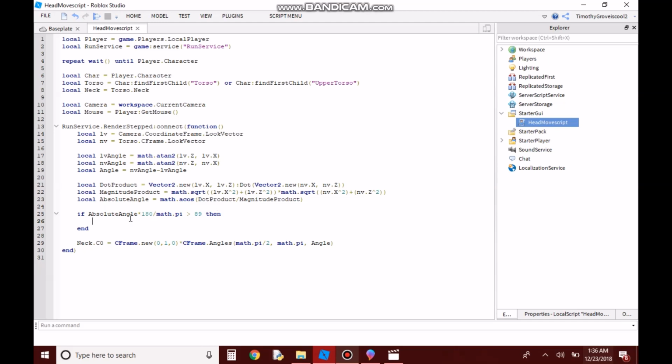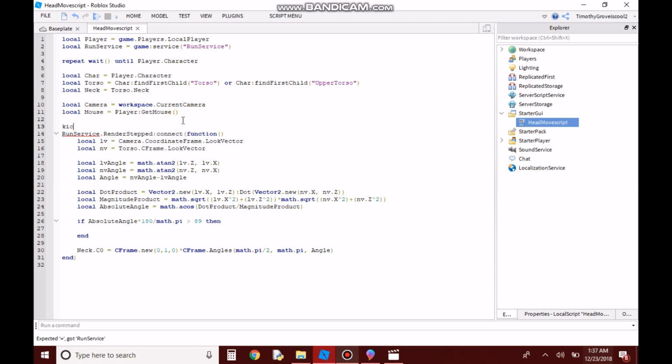So what we want to do now is make another variable right here, and so if the absolute angle is greater than 89, then the angle will equal the last angle, and the last angle, we're going to script it so that the last angle will always be the angle that was before the angle that's being scripted during this event.